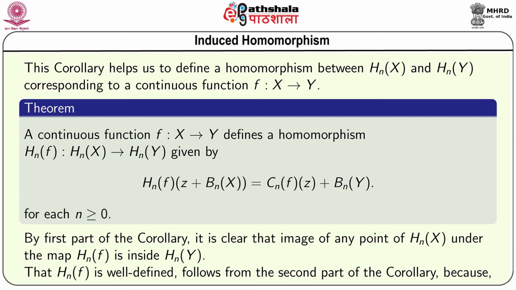As we have already proved in the corollary that Cn f takes all the cycles to cycles, z will be mapped to a cycle of y via the map Cn f, and therefore, Cn f z is a point in Zn y. So, the right side expression is inside Hn y.